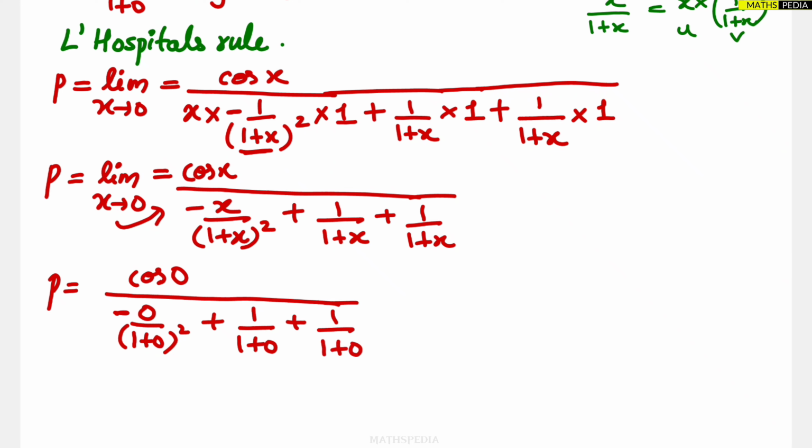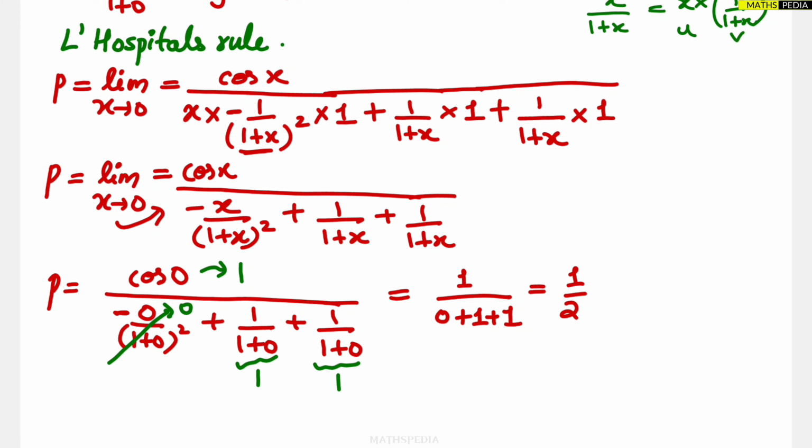If you observe, the first term becomes 0. This thing becomes 1, this thing becomes 1, and cos 0 value is 1. So we write it as 1 by 0 plus 1 plus 1, which is equal to 1 by 2. Therefore we can say that the limit value of the given problem, p, is equal to 1 by 2.